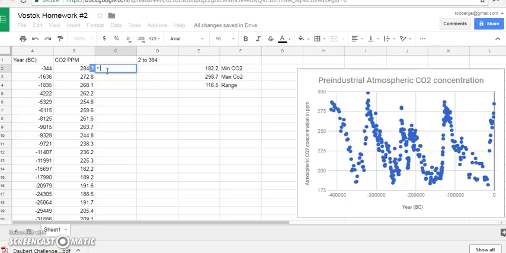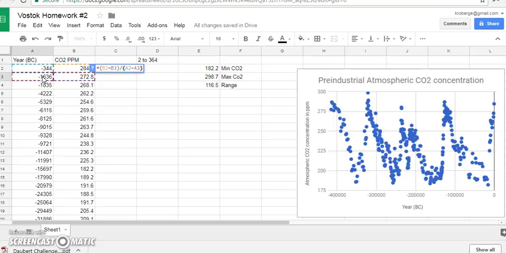So if I do equals again, up here in C2, I'm going to do parentheses. I want to do the concentration, B2, minus a previous concentration, B3. Put those in parentheses, divide, parentheses, and then the corresponding times, close parentheses.